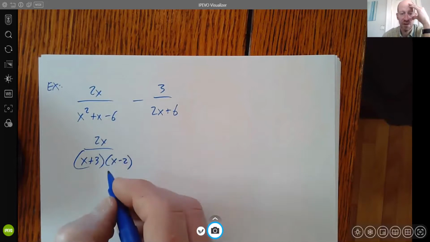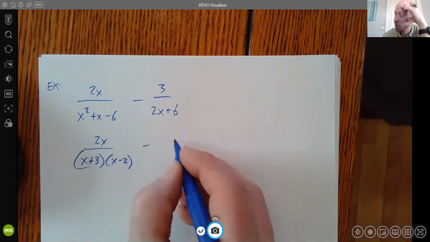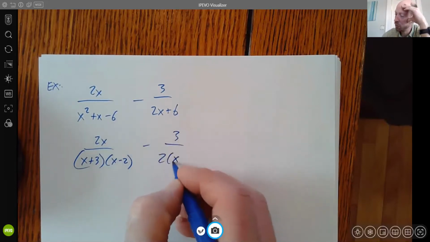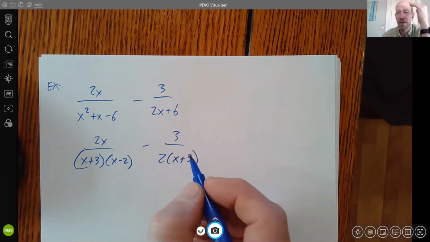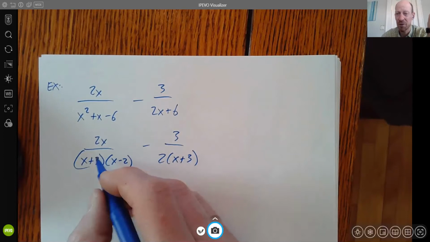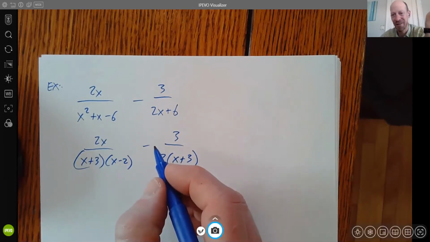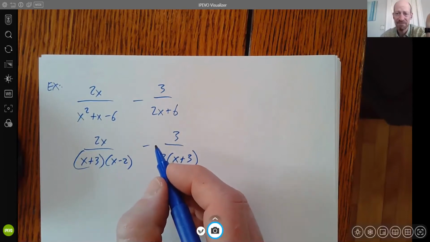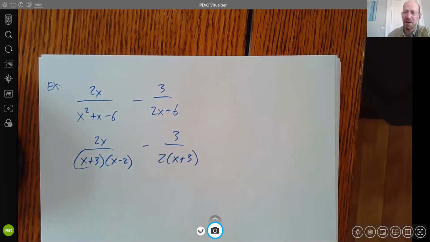So this is x plus 3 times x minus 2, and this is 3 over 2 times x plus 3. It's not always true that there's a common factor here, but almost all the time. When there's not a common factor, it can be a pretty big and messy numerator.